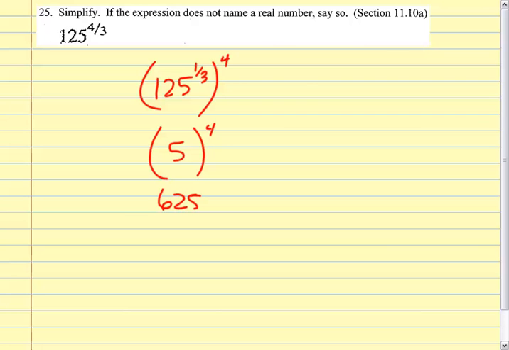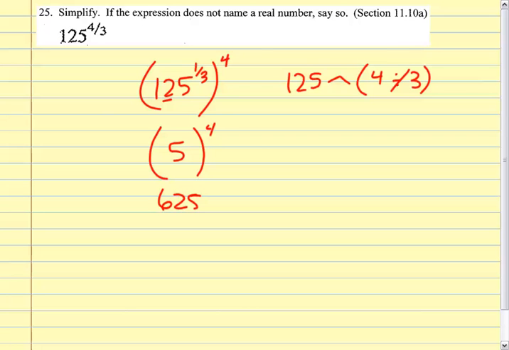Yes, you can. 125 caret parentheses 4 divided by 3, or slash 3, whatever, and it's going to spit out 625 for you. The reason that I like separating it is because you can make mistakes when you're punching that in. The more buttons you have to press, the more chances for mistakes.